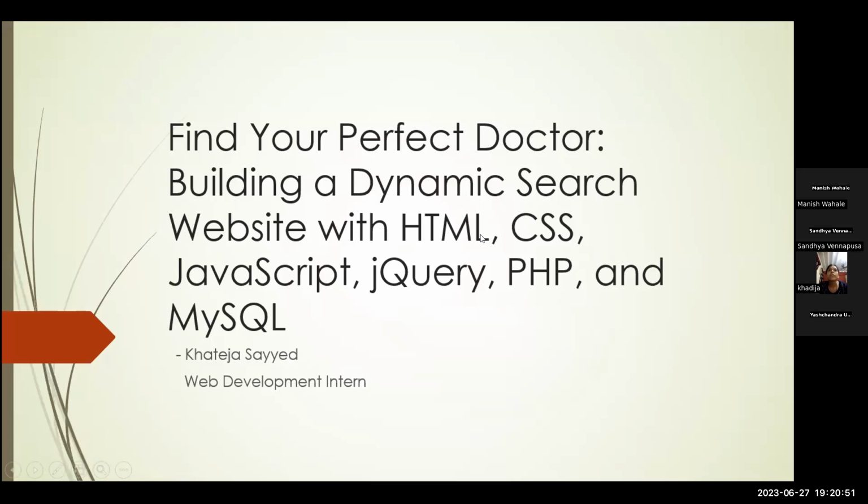So the topic for my website is a doctor search website, which provides the patients, the guest users visiting the website, a very interactive user friendly interface. To make it possible, I'm using HTML and CSS to adjust the elements in the website.